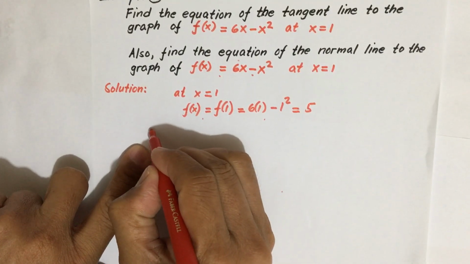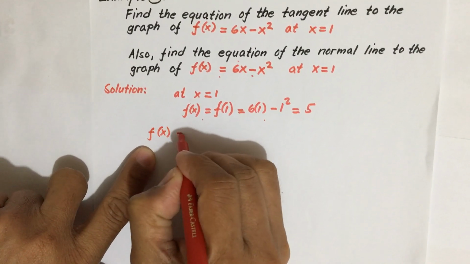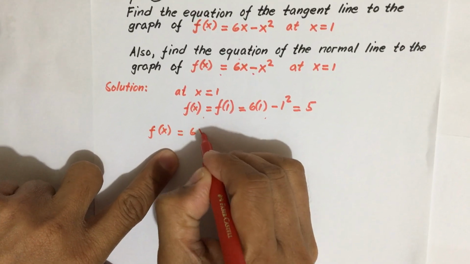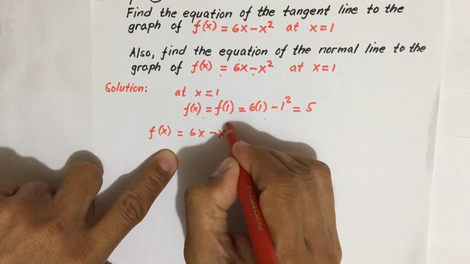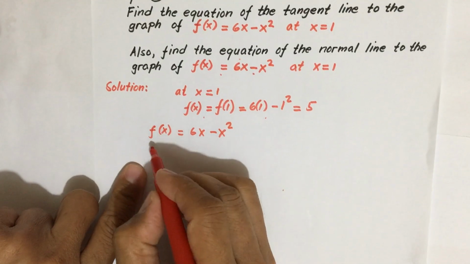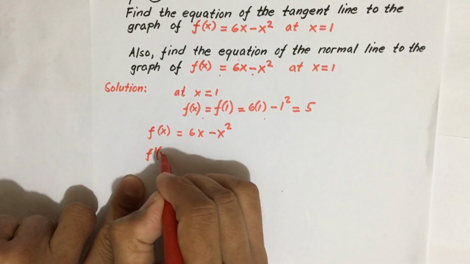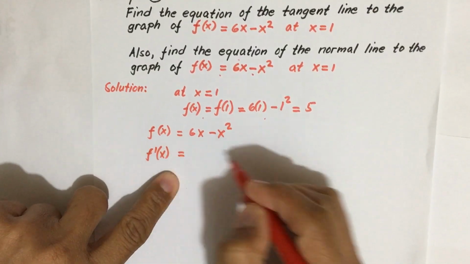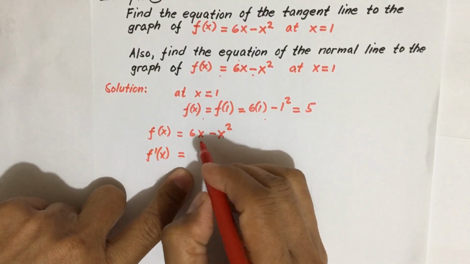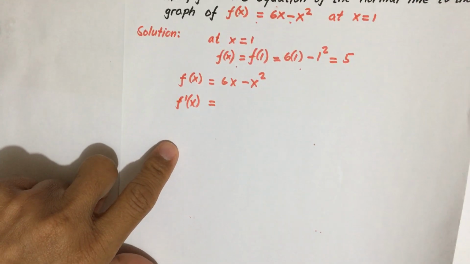We started with writing our function, which is f of x equal to 6x minus x squared. Then to solve for f prime of x, we have to use the formula that we had derived before.